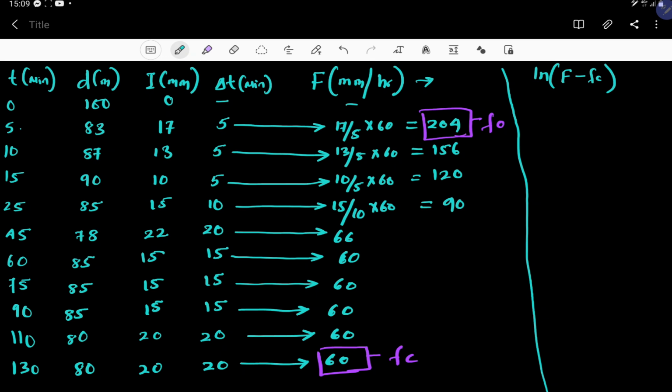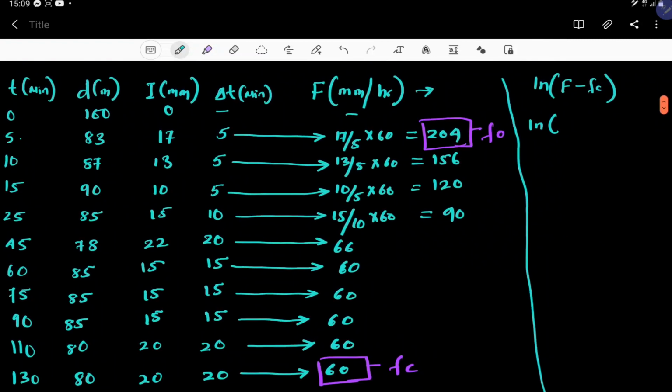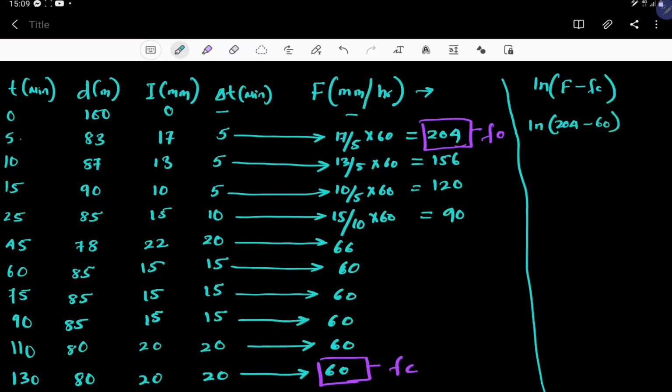So for the first time it is going to be ln of 204 minus 60. For the next value, it is ln of 156 minus 60.